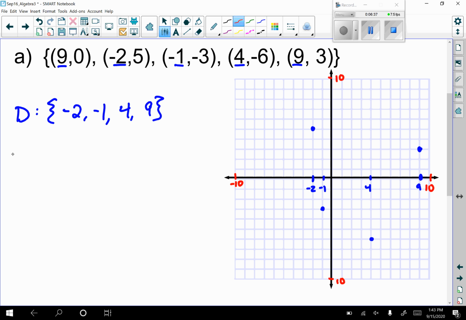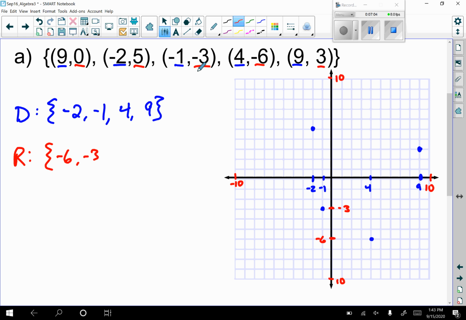Now for the range, we're going to list all of the y values in order, and if any repeat, we just write them once. And again, it's a set, so we need those squiggly set brackets. So the smallest y value is going to be -6. Just looking at the graph, that's right here, -6. Next, as we climb up, we have another point here at -3, so that's our next y value.